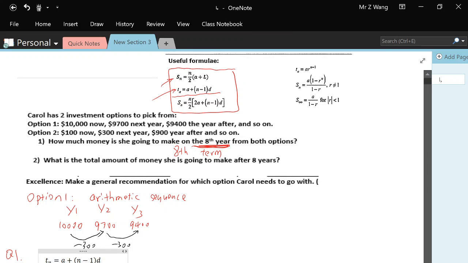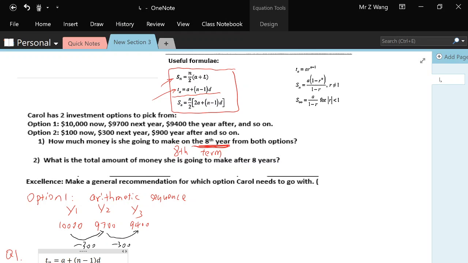For this case, T8 equals A, the first term, which is obviously 10,000, plus 8 minus 1 times D. What is D? D is the difference, which is negative 300.